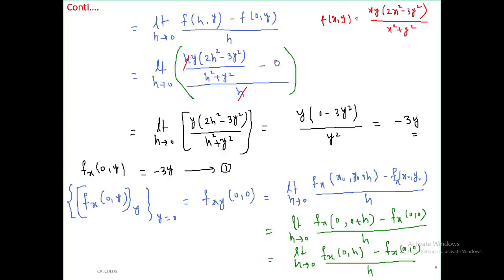fx 0 0 means what? 0 0 means what? y value should be 0. Already x is substituted 0. No need to worry about this. Only y coordinate you have to substitute. Here y coordinate should be h. Here y coordinate should be 0. So that we are going to substitute. So then what will you get? Minus 3h, isn't it?